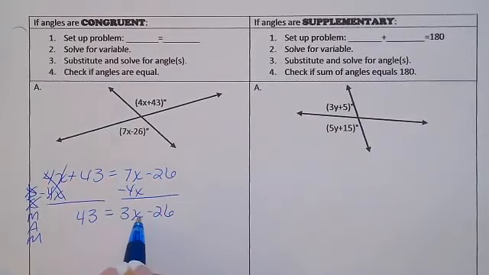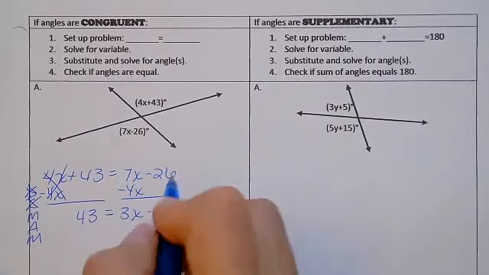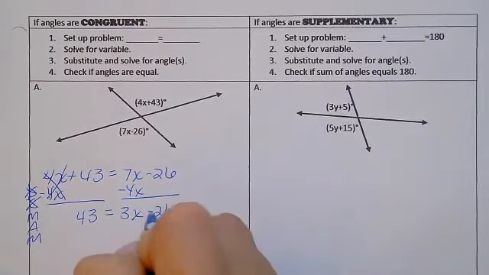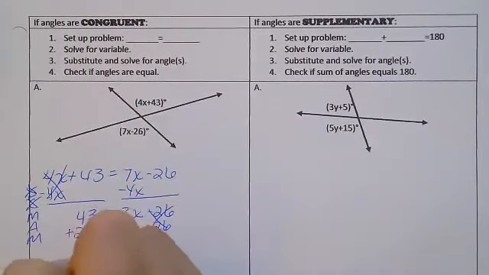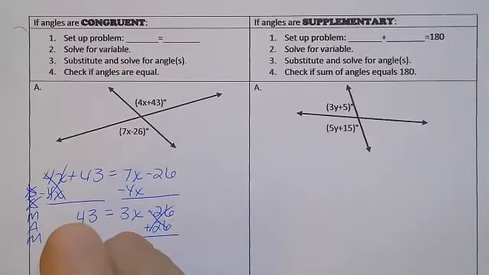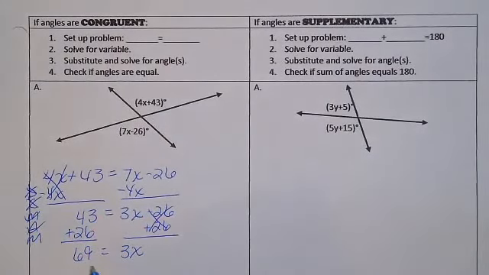Okay, I still need to move. I don't have x all by himself, so I'm going to move 26. Okay, now I'm done moving and adding, moving and subtracting. Last, I'm going to divide both sides by 3.